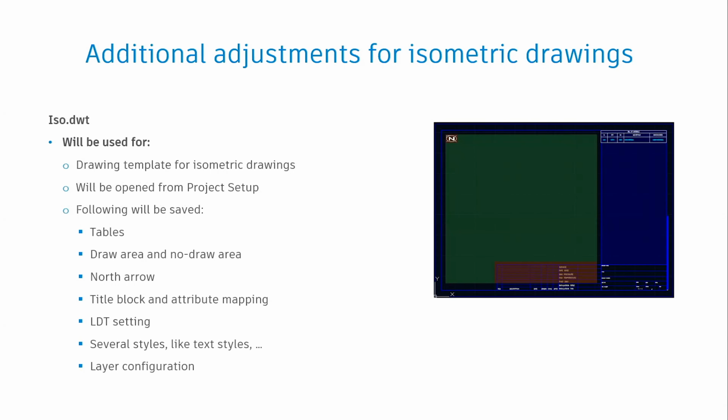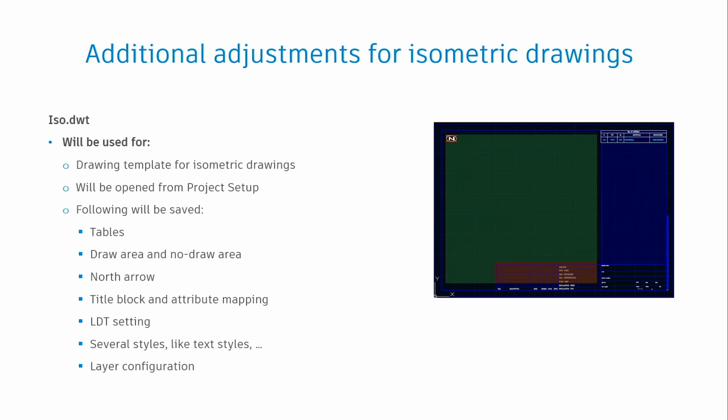The ISO drawing template will be used as a drawing template for isometric drawings. It is ISO style dependent. Every ISO style has its own ISO drawing template file. We will open it from the project setup node, isometric drawing settings, title block and display, button setup title block.